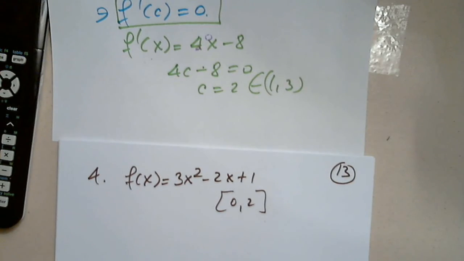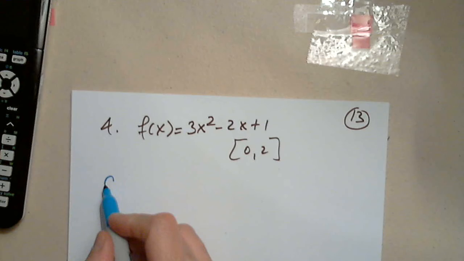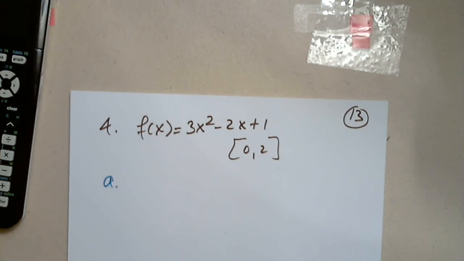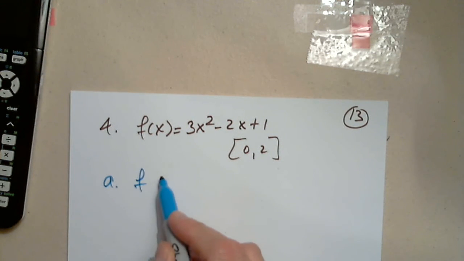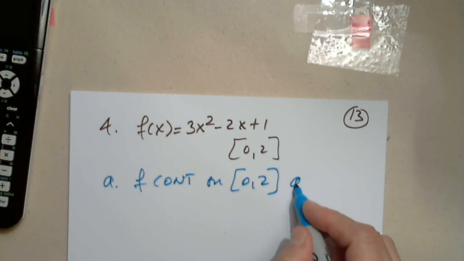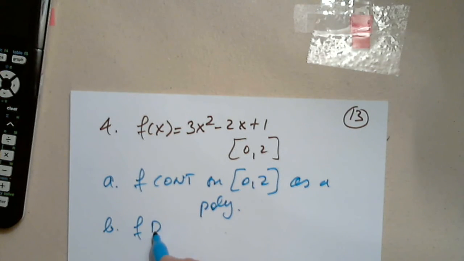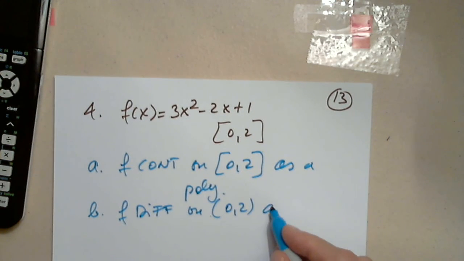Yes. Okay, so now we're talking about something else. So in part A or part 1, I'm going to say the same thing. It's continuous on the interval 0, 2 as a polynomial. I also say that it's differentiable, at least on the open interval. It doesn't have to be differentiable at the endpoints, but at least inside the interval, for the same reason as a polynomial.